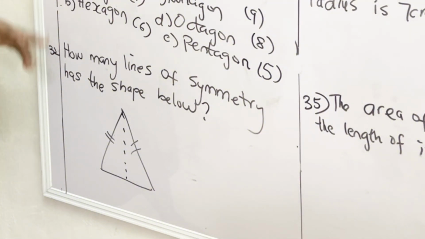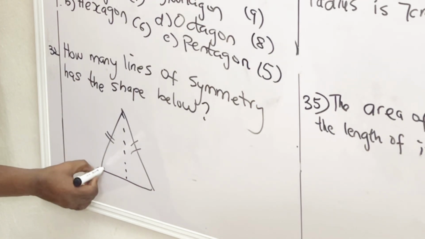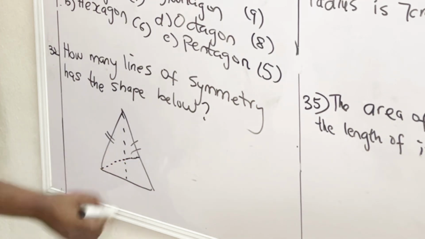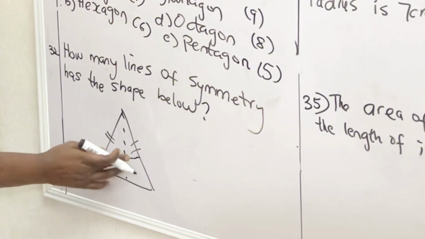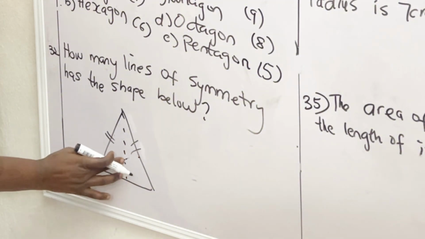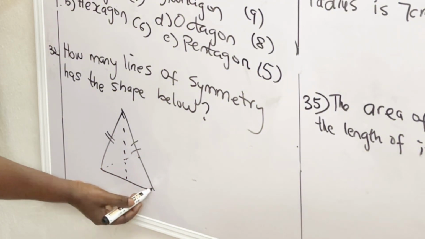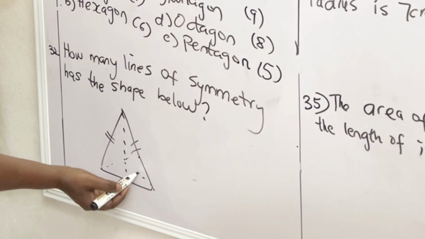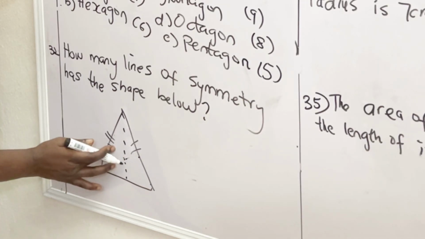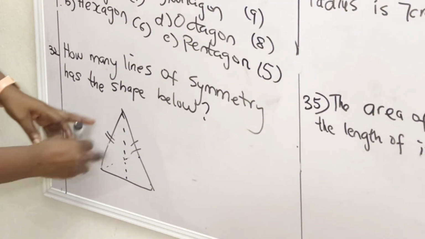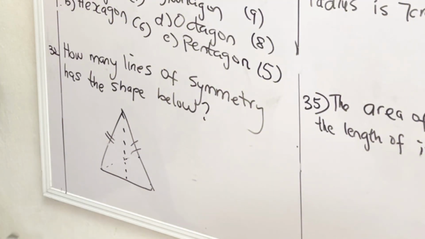So that's what we mean by symmetry. Let's try another line. If you try this line, it's not going to divide this isosceles triangle into 2 equal halves. So this line is not a line of symmetry. If you try this also, it's not going to divide it into 2 equal halves, because these 2 sides are longer than this 3rd side.